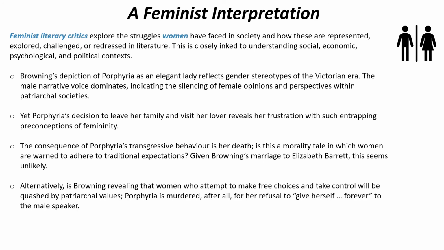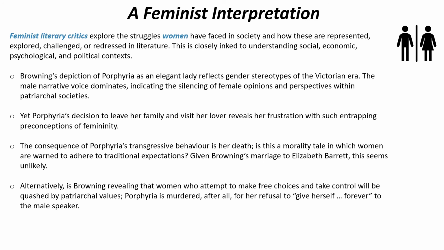So alternatively, is Browning revealing that women who attempt to make free choices and take control will be quashed by patriarchal values? So Porphyria is murdered, after all, for her refusal to give herself forever to the male speaker. So is Browning pointing out what the consequences for women will be and saying, this is wrong, we need to change this, we need to change society?